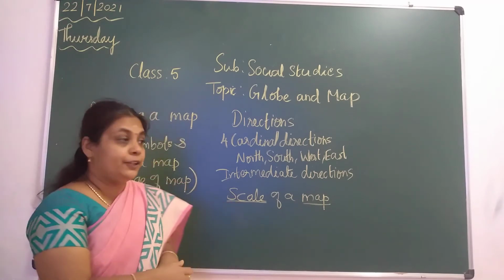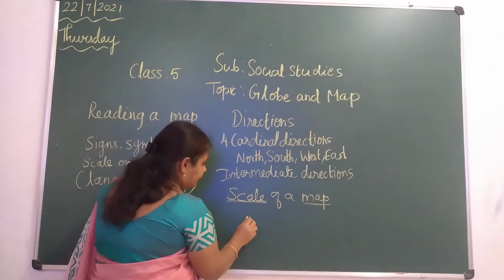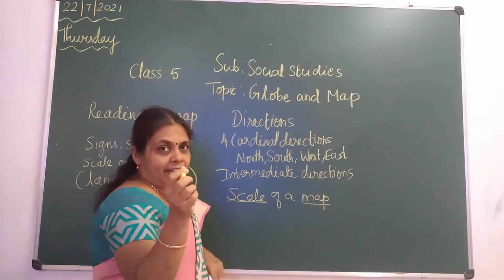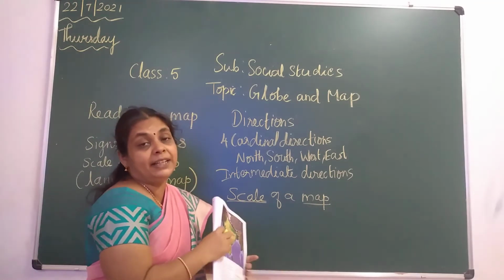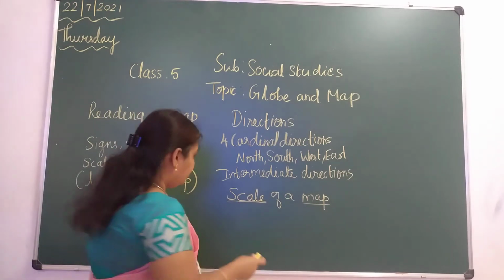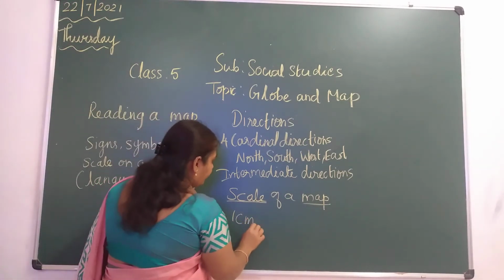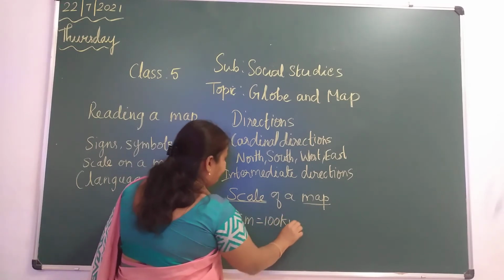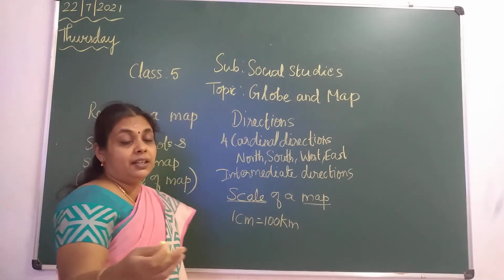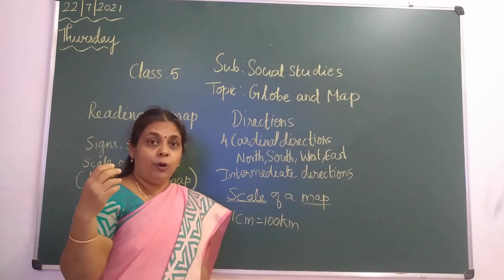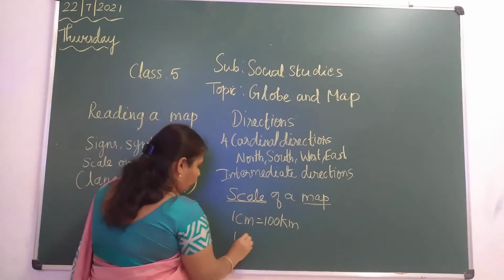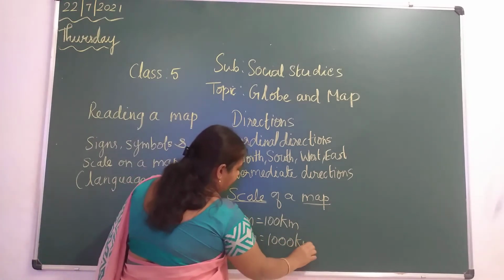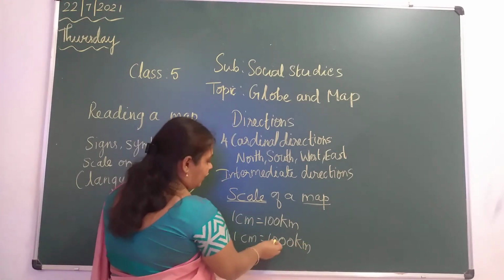If suppose the distance is 100 kilometer, they will take it as 1 centimeter in the map. They will say 1 centimeter is equal to 100 kilometer. If it is of thousands of kilometers, they will say 1 centimeter is equal to 1000 kilometer. Like this, they will scale it down, children.